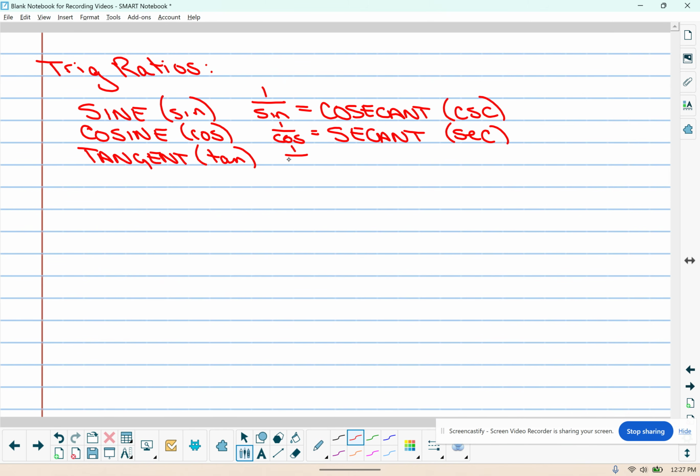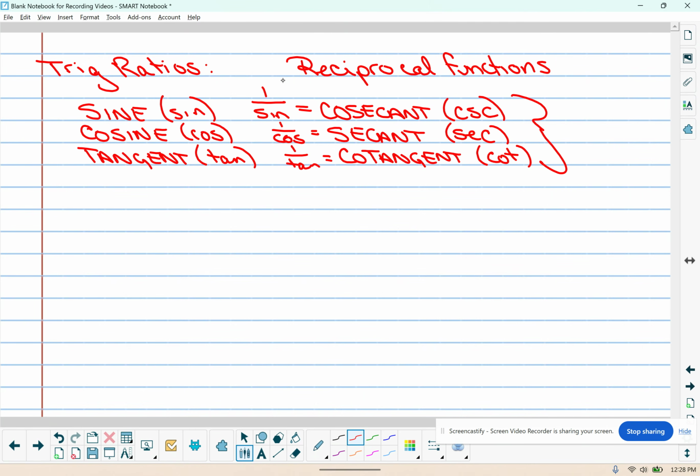And then we have 1 over tangent, which is cotangent. And it is COT. Okay, so these three are the reciprocal functions of the original ones. But all 6 functions are super important to know for your trig ratios.